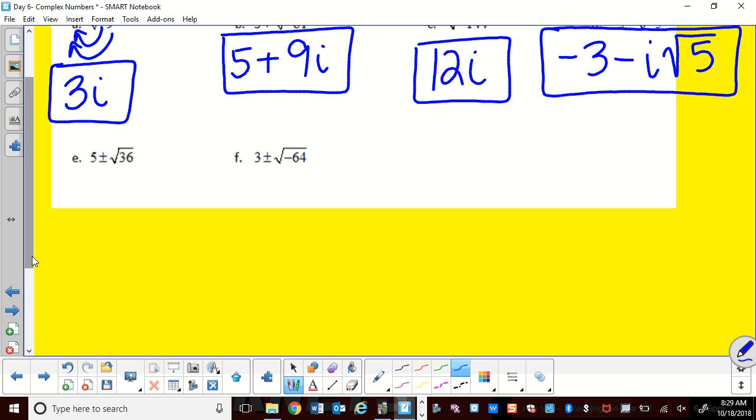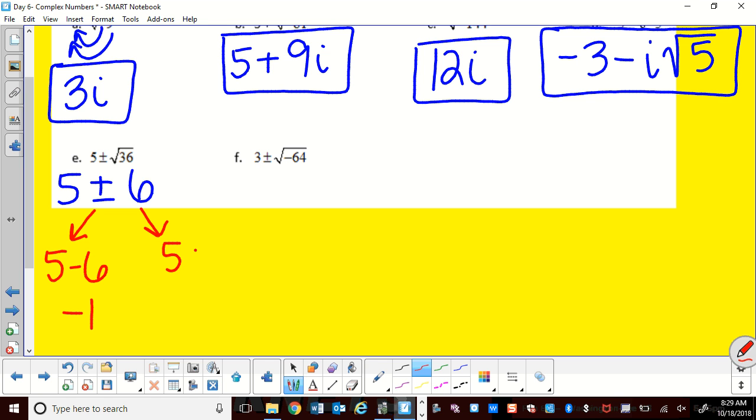For letter E, what is the square root of 36? 6. There's no negative there, right? So we'll just leave it at 6. Now I have all numbers. I am not going to leave this as 5 plus 6. This is 5 plus or minus 6, so let's split it up. What's 5 minus 6? Negative 1.